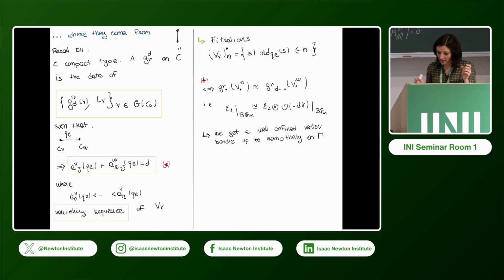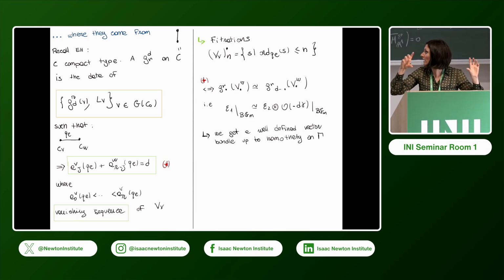Now, let's remember that we said before that a vector bundle on the edge is precisely the data of a vector bundle on the 2A1 of the normalization, together with the identifications at the node. And those in turn are nothing but a choice of filtered vector spaces plus an identification of the associated graded.